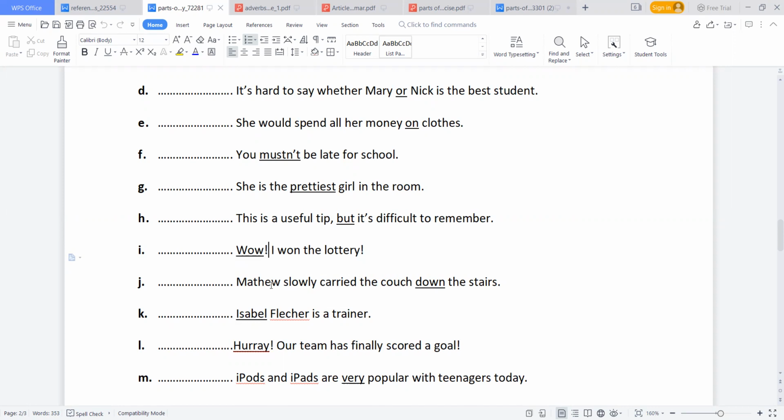Matthew is not slowly, he carried slowly. So carried is a verb, and all ly words are adverbs. This is a ly word, that's why we use slowly as an adverb.